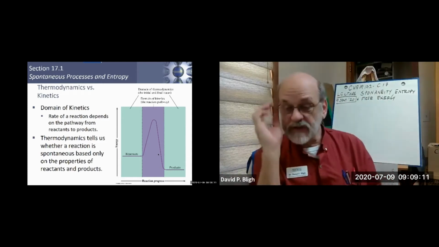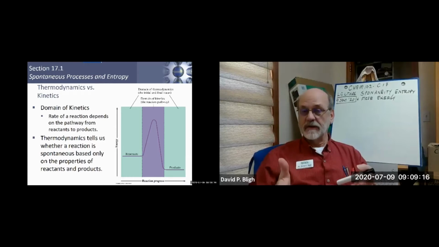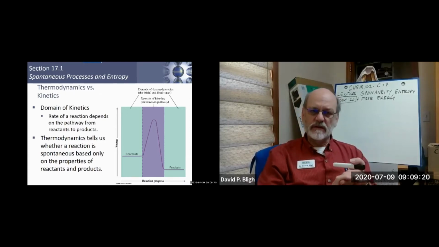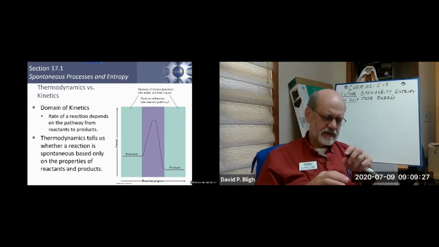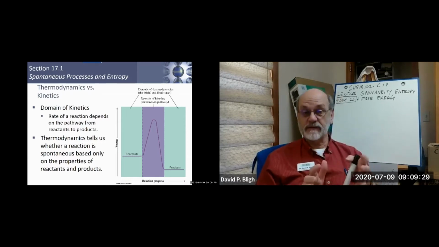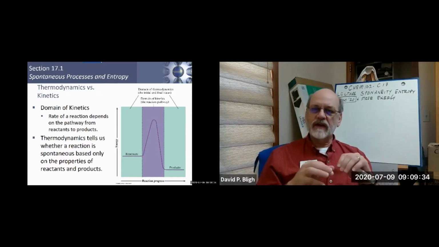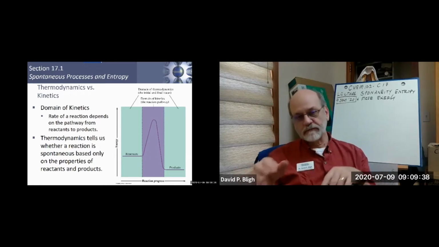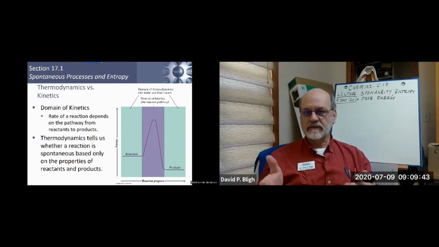And the reaction does depend on the path it takes, right? We approach that subject in kinetics, particularly in terms of the use of catalysts. Catalysts provide a different pathway that requires less energy to go from reactants to products. So the pathway is important in kinetics. It's essential.